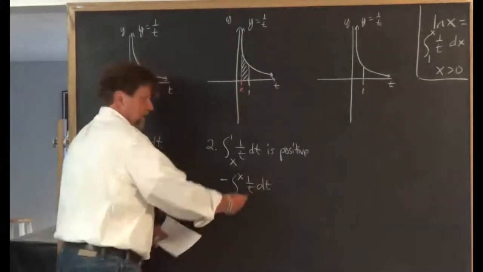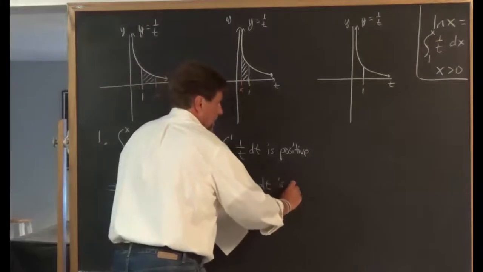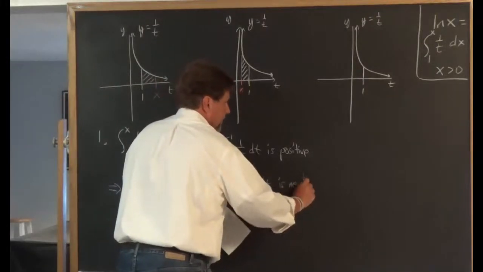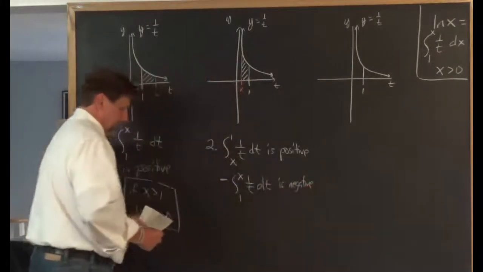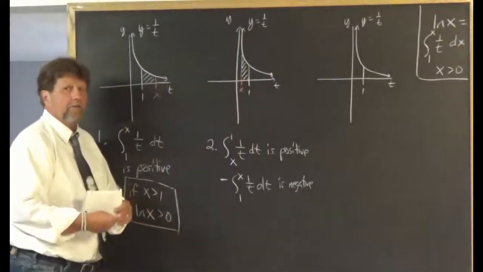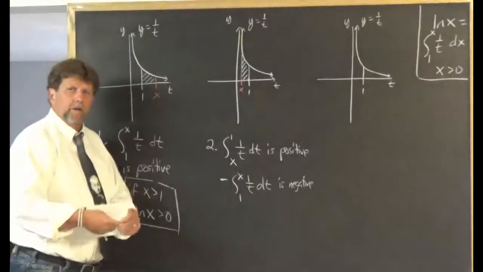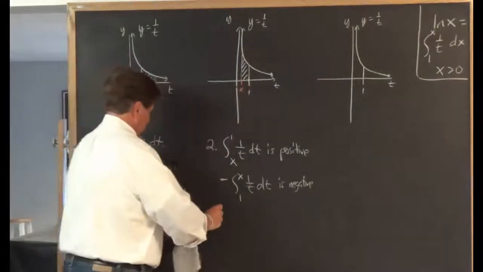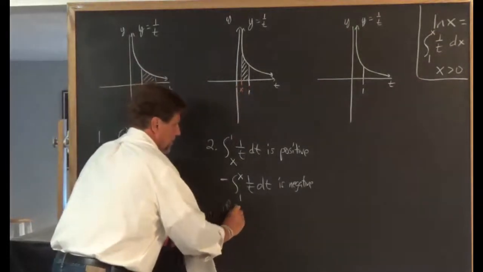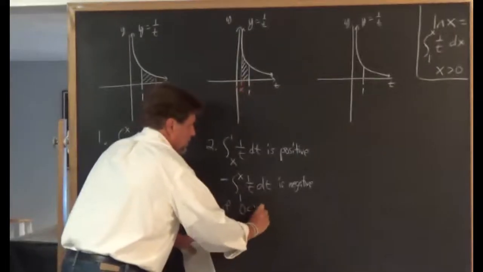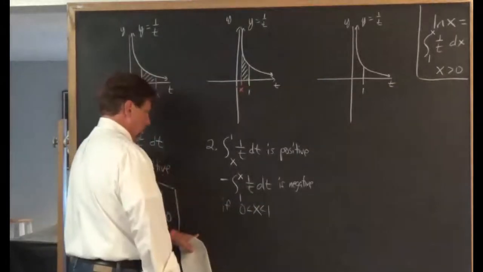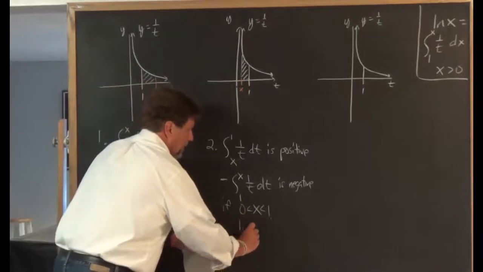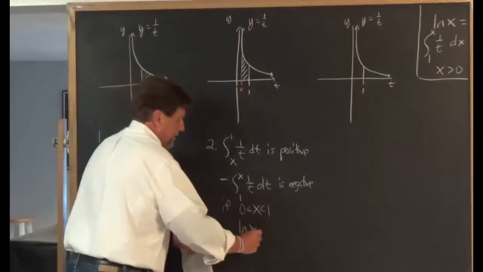So this obviously would be a negative result. So now what does that tell me about natural log x? Well, if x is between 0 and 1, then natural log x is a negative number.